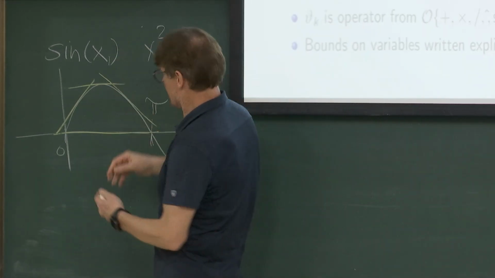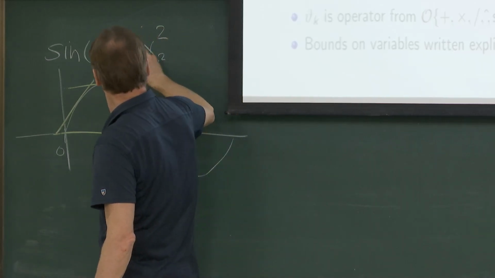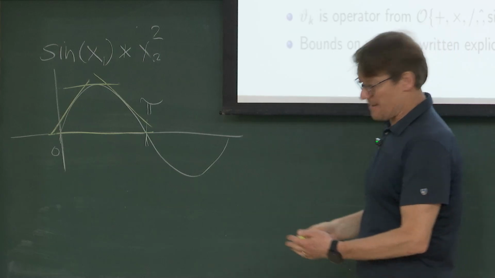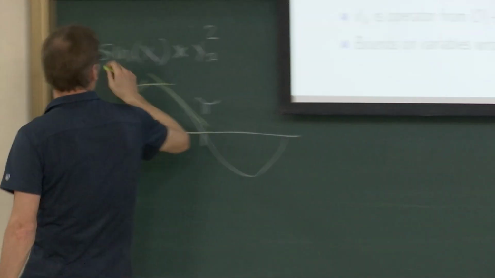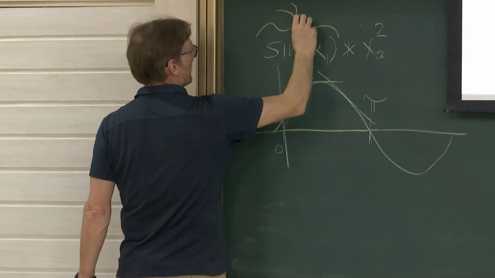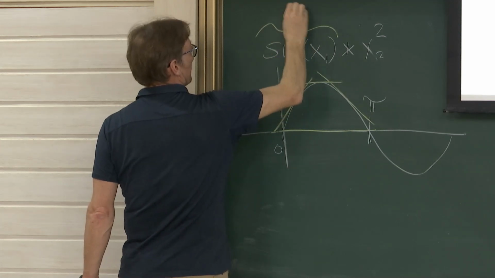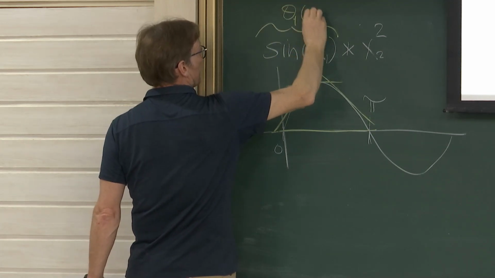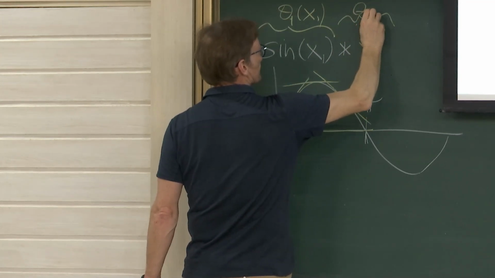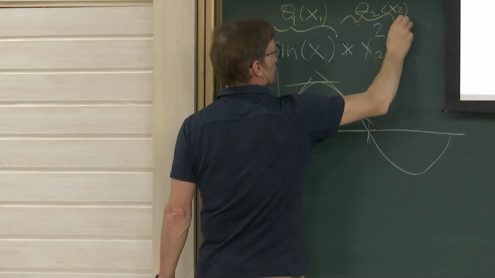So if I instead took multiplication here, then I would separate this out. This would be one function, my theta 1 of x1, and this would be a different function, theta 2 of x2.